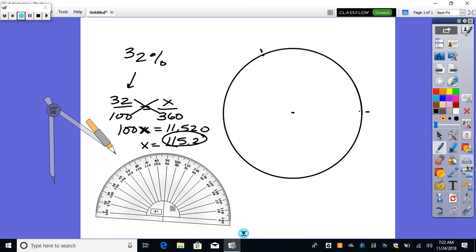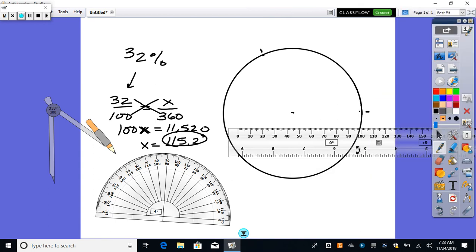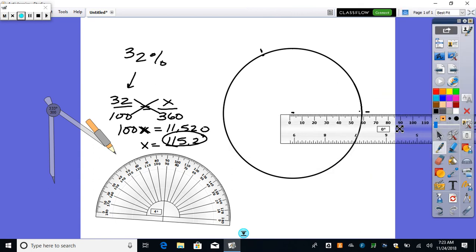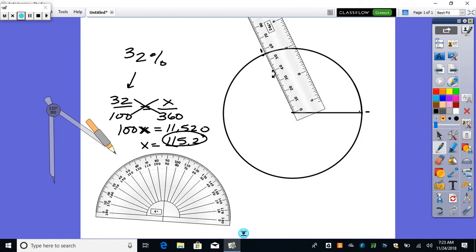Where's my ruler? There it is, okay. And then you just go ahead and connect those here and over to here.